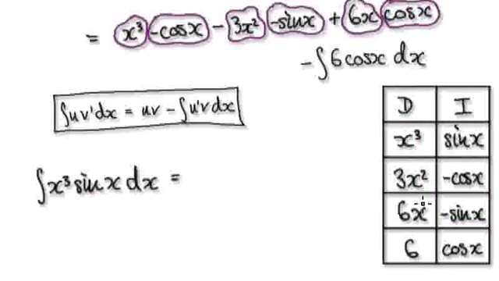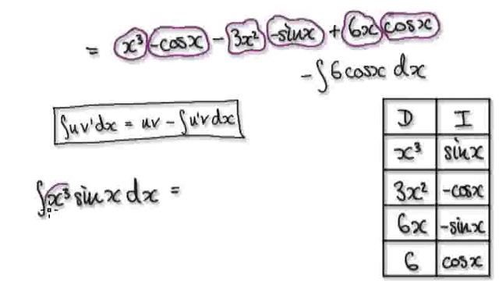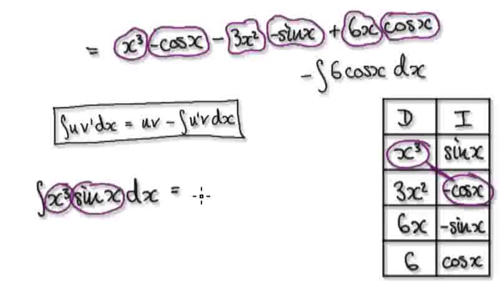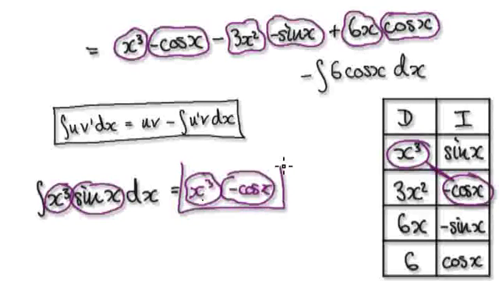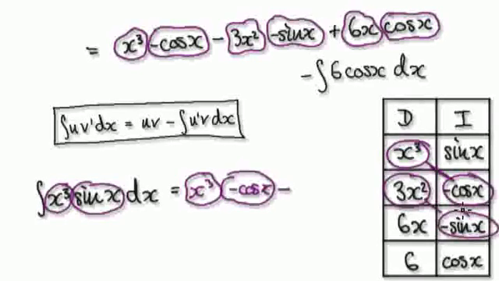So let's start again. We're trying to integrate this. This is our u, and this is our v prime. If you follow the formula, it's saying get u times v. So get u times this thing here. That would be x to the power 3 times minus cos of x. And then the next one, this whole block here is a positive. The next one will be a negative, and then it will be this times this.